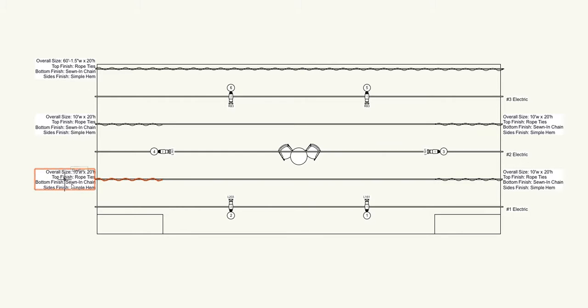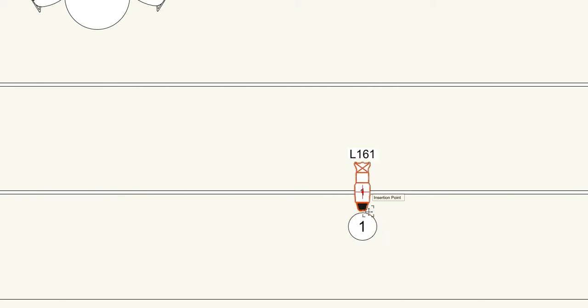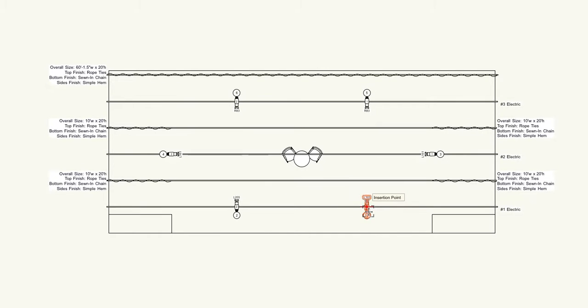Also, you can see that there's text here describing the curtains, text describing these pipes, which are lighting positions, and there's also text inside of each of these lights. All the text you see has been generated by metadata attached to each of these objects.